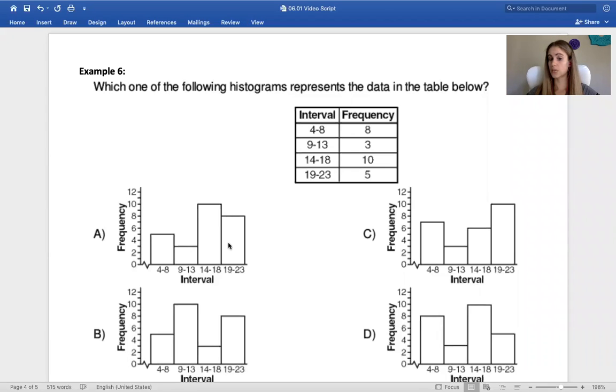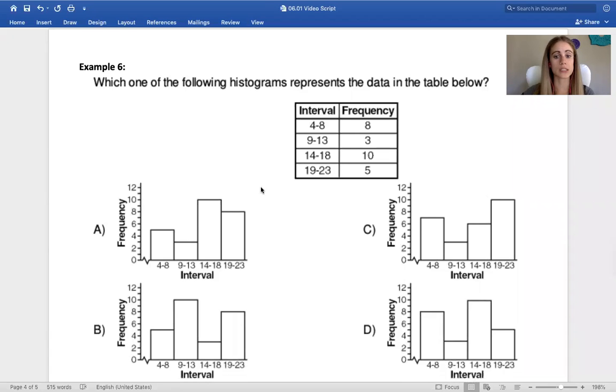All right, so let's see which one of these represents it. Let's go ahead and start with A. So I have my table of values right here. And I see that in interval 4 to 8, there was a frequency, so 8 people fall within this category. So if I look at option A, I want to see if in the interval 4 to 8, there's 8 people.